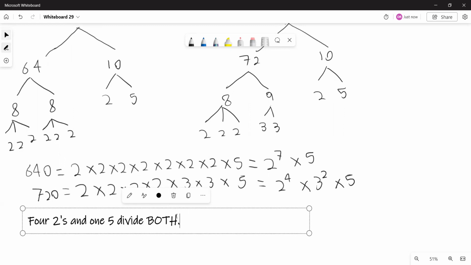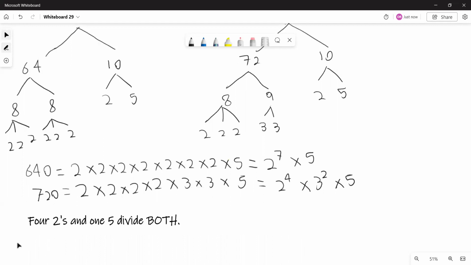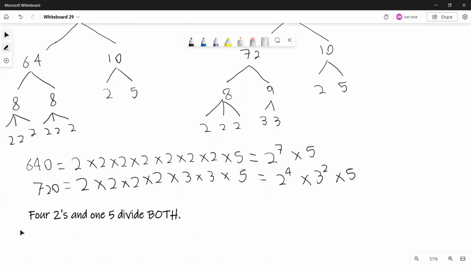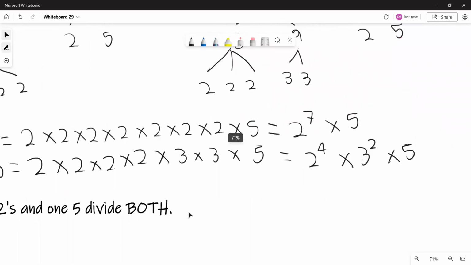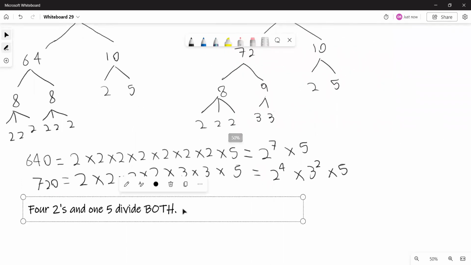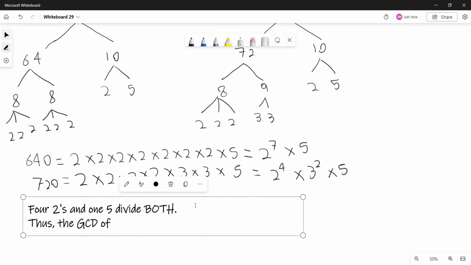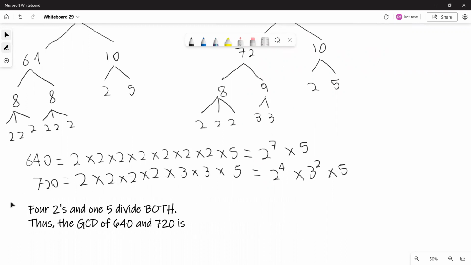And the greatest common divisor is going to be the product of the factors in common. So thus, the greatest common divisor of 640 and 720 is going to be the product of the common factors.